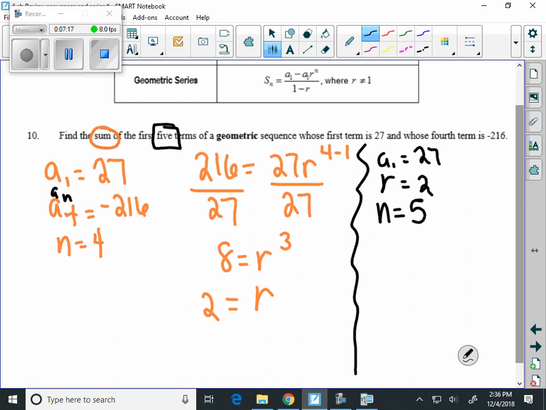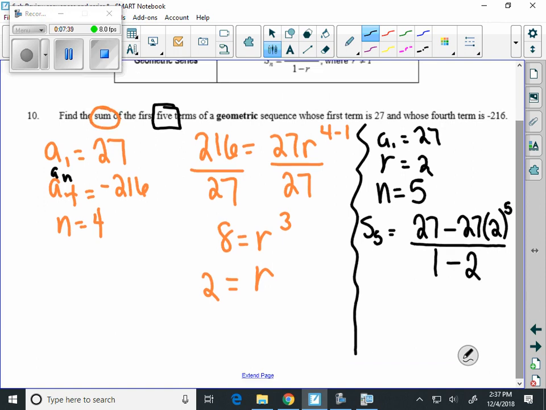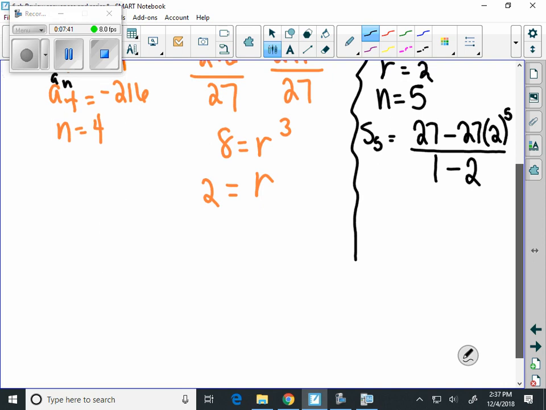And that is going to be our sum of the first 5 numbers is going to be 27 minus 27 times 2 to the 5, r to the 5, divided by 1 minus r being the 2. Once again, if you have a fraction button on this particular problem, I recommend that you use it as we type this in, because it's very difficult when we don't.